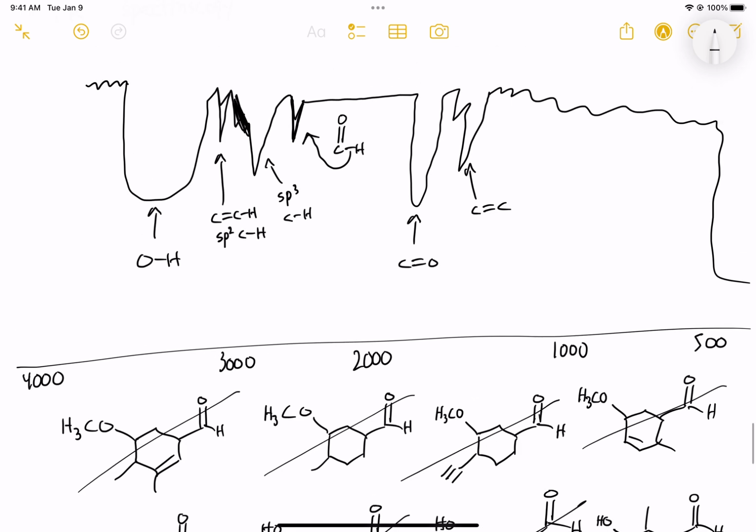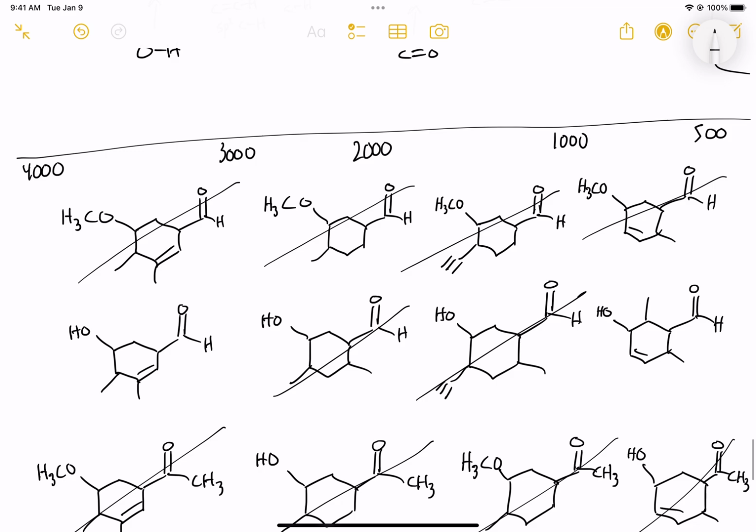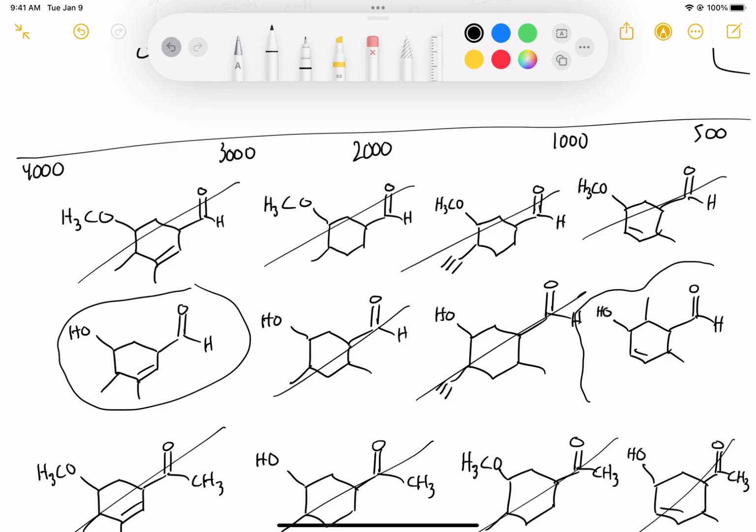And then an aldehyde and a C double bond O aldehyde. So both these molecules match our IR spectrum, so it can be either one of these isomers. We can't know for sure which isomer it is unless we do further spectroscopy experiments.